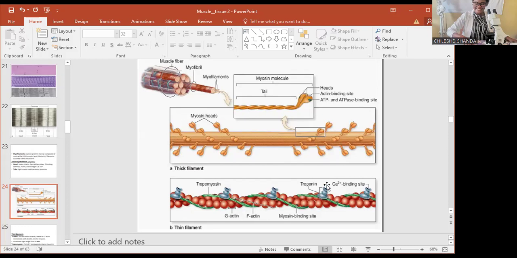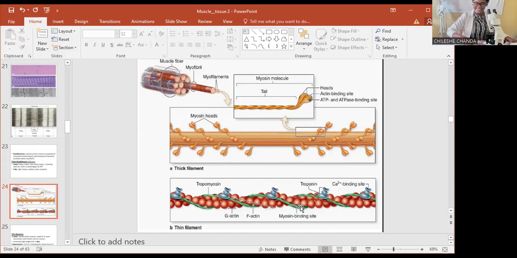On the other hand, this actin will bind on that actin binding site, okay? The other thing, sorry, here, this is the calcium binding site.